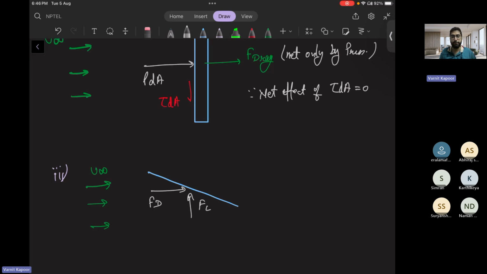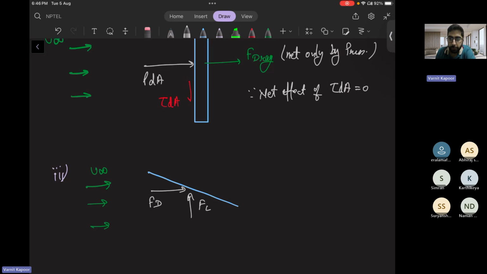Where this kind of body is observed is generally seen in aeroplanes. If you have seen the wings of an aeroplane, they are tilted so that you are able to produce lift as well as drag. So the aeroplane can push forward as well as lift up in the air.